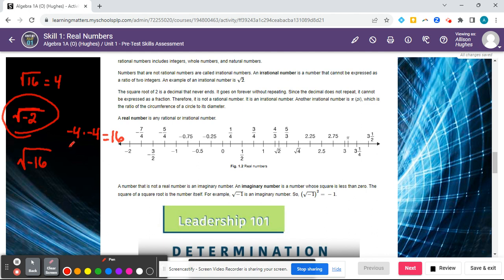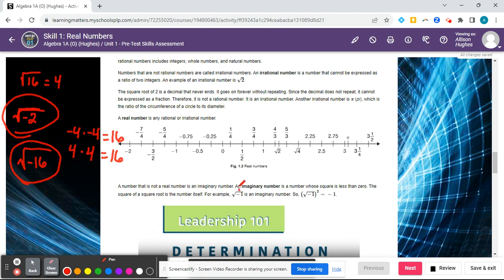If we try to do 4, a positive, times itself, that's going to give us a positive 16. But again, we're looking for a negative number. There's no number times itself that is going to give us that negative 16, and we can't take the square root of a negative number. So again, if you get that negative underneath the square root, this is going to be an imaginary number.